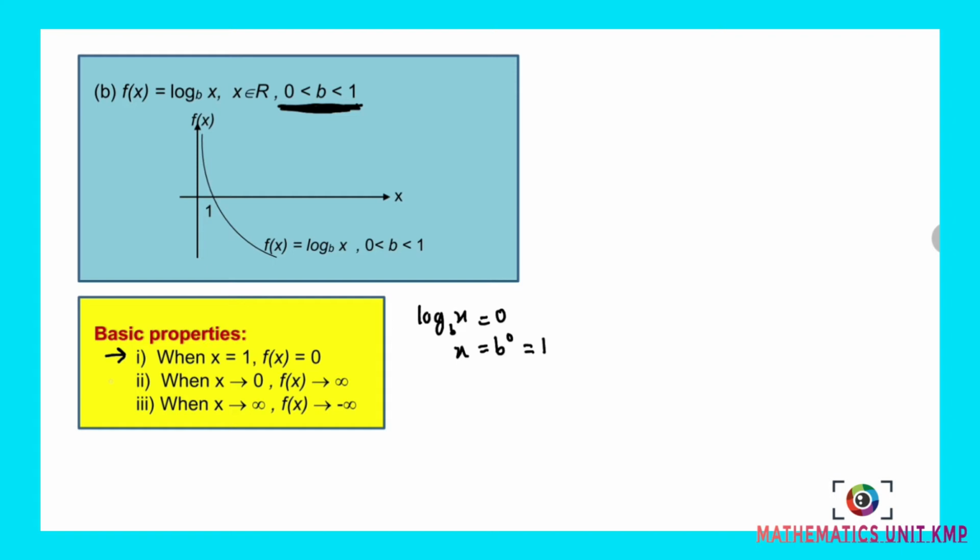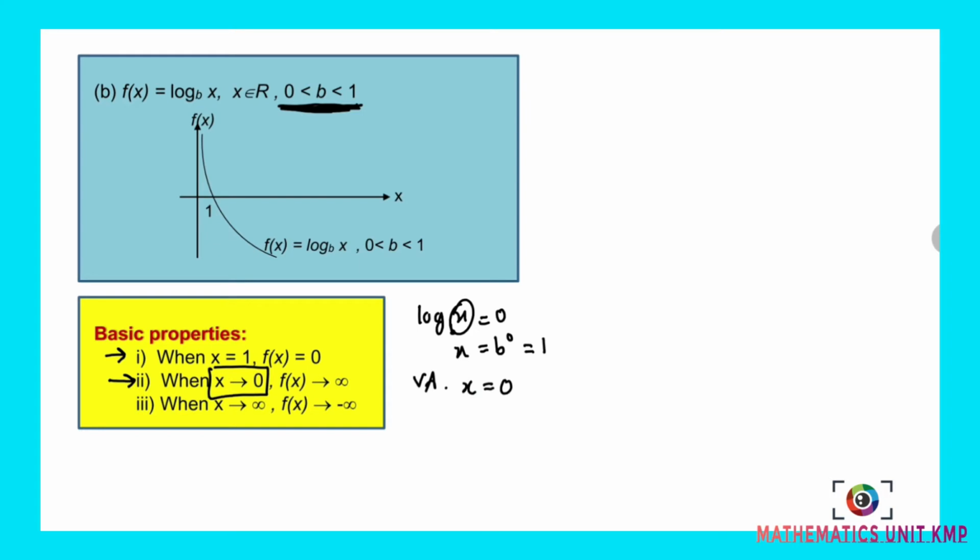Okay, and then the second step, when x approaching 0. Okay, how do you get x approaching 0? Because you find the vertical asymptote first. So what is the vertical asymptote? You just take the function. So x equal to 0.